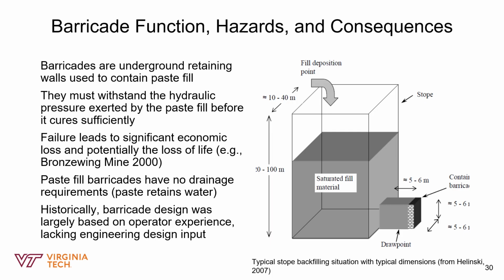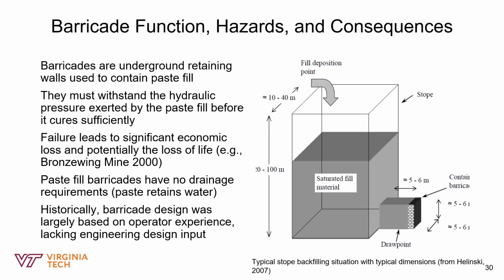The main job is to make sure that it holds the hydraulic pressure that is exerted on the wall as a result of the liquid paste. And if we get the calculations wrong, the result is going to be catastrophic.